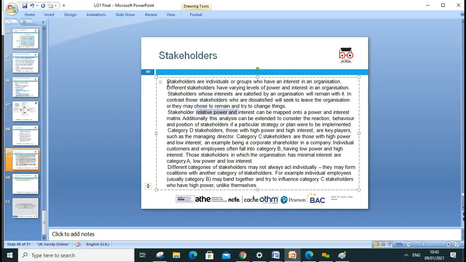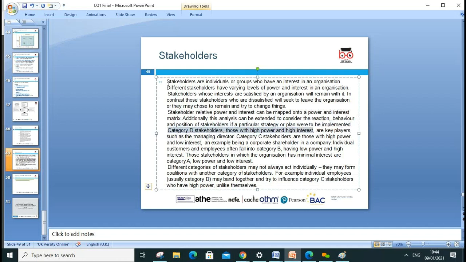Then we have the power and interest matrix, where stakeholders can be mapped by power and interest: which stakeholder has more power, which has more interest, which has less power and less interest. Think about it, some may have a million invested, and if they take it out of the company, it will collapse. So we can look at stakeholders this way.